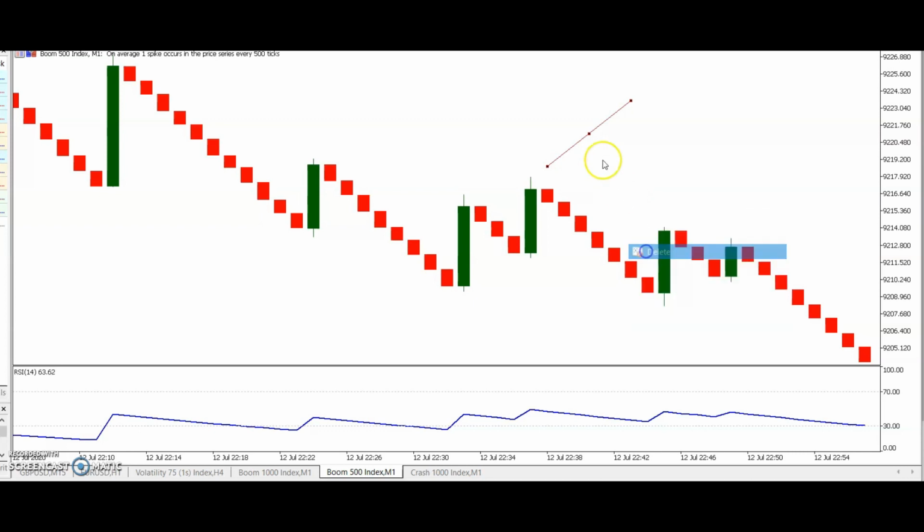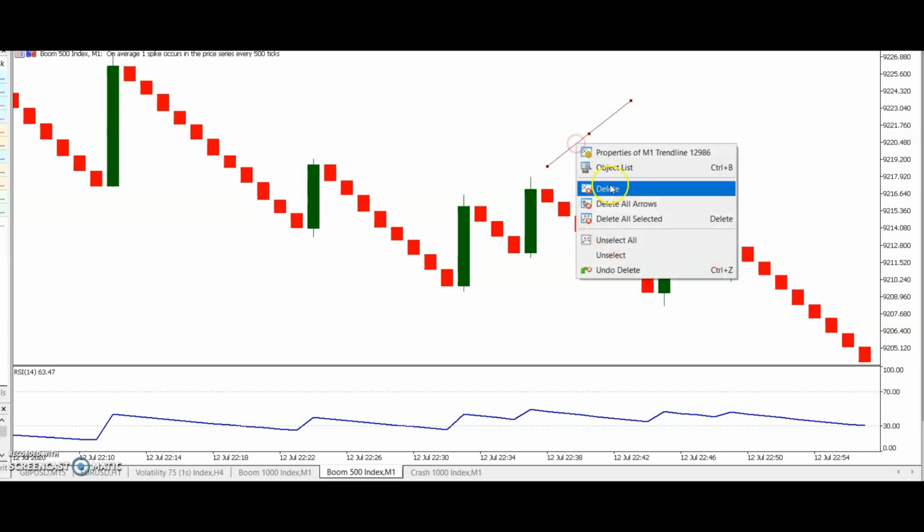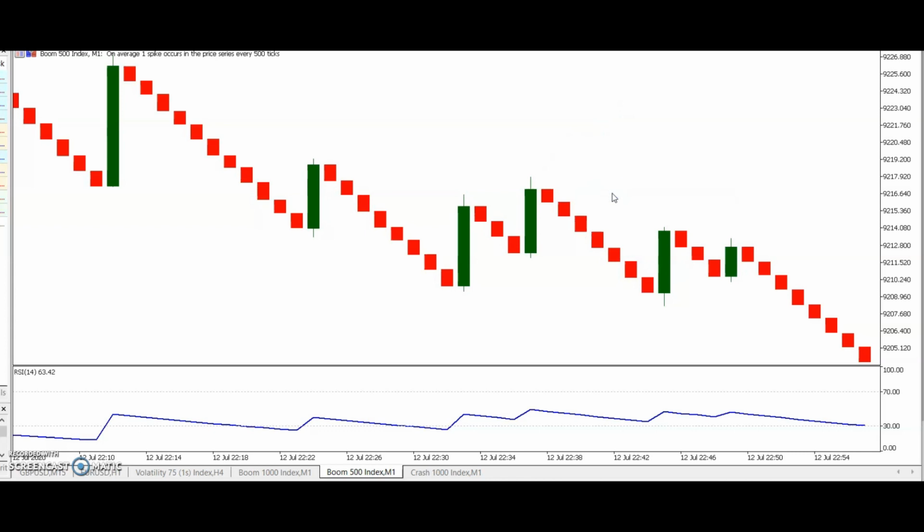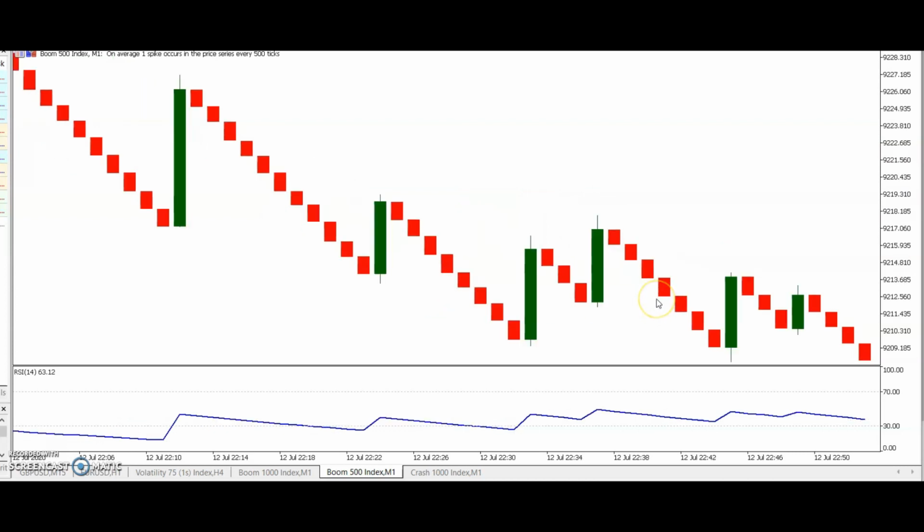So how does it work? There are rules to this thing, right? So first of all, for boom, this applies to boom 500 and boom 1000. You need to have a spike before, something like this, right?